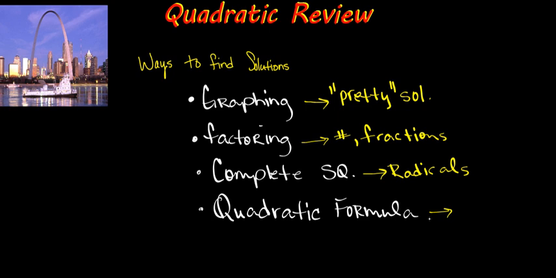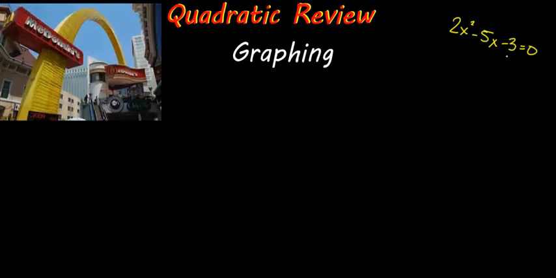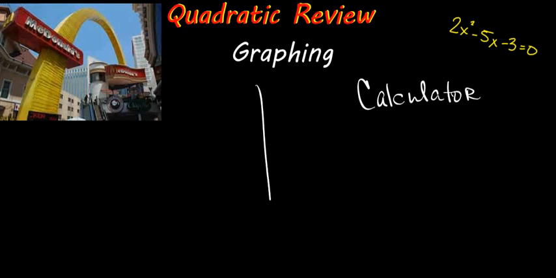Now, the quadratic formula you can use for all types of equations, but it is one of the longer methods. I would use a calculator for this. Now, you don't have to use a calculator, however, that is definitely the easiest way to go.